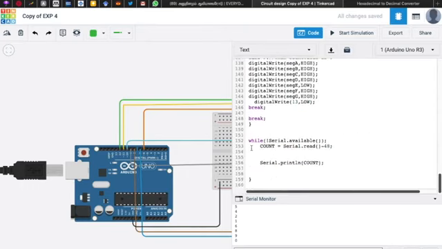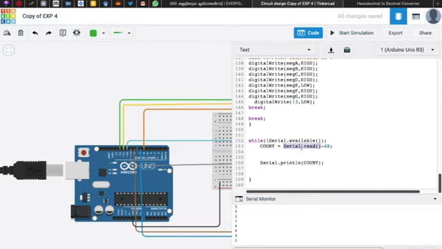And this is the way to receive data. Wait for serial data to be received, and there is a function which returns the value, Serial.read(). This returns the serially received data.